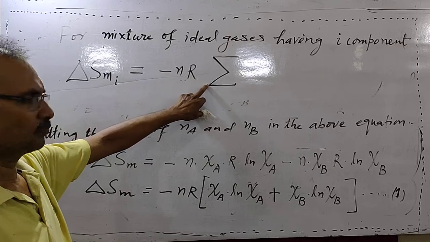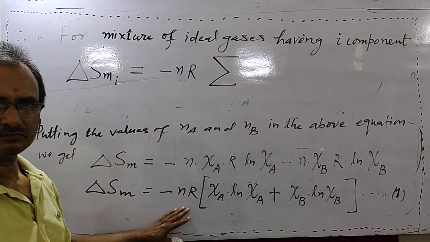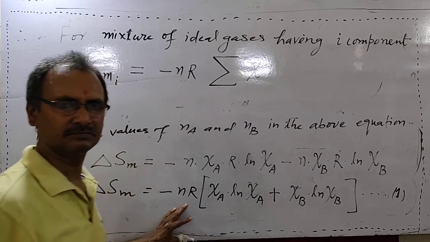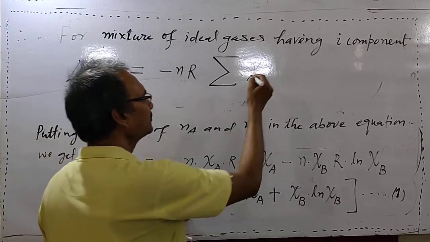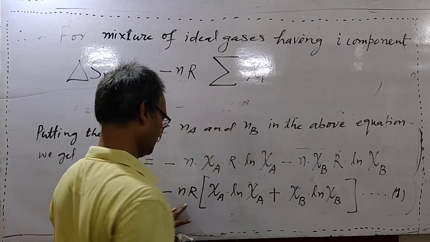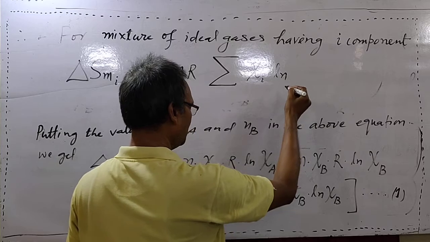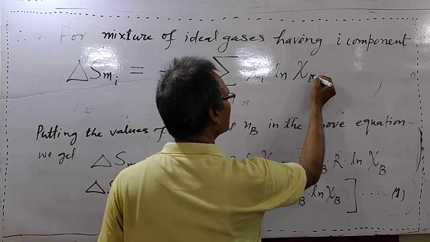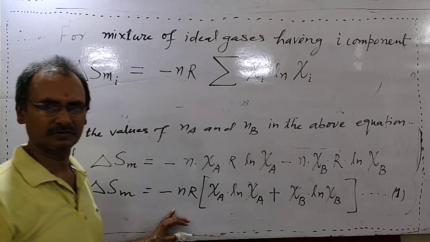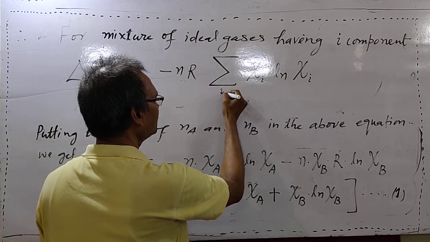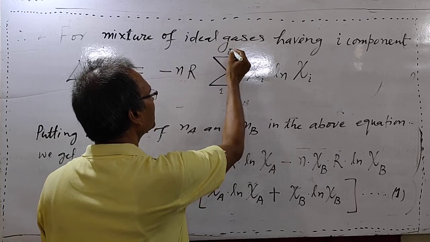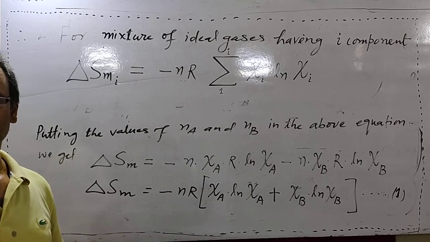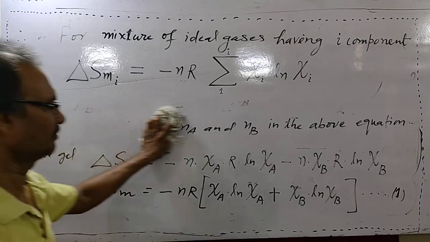So nR will be equal to summation of mole fraction of each component up to I into ln mole fraction of each component, and this summation is from component 1 to I. Equation 2.